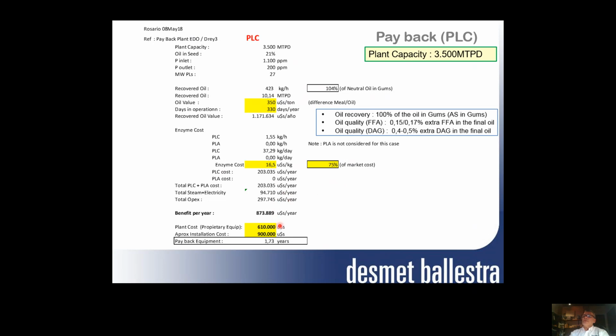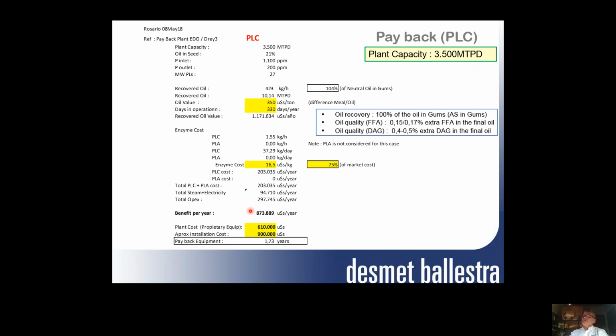When you see the cost, the benefit per year is about $900,000 per year from the oil, but using about half of the real price. Depending on your financial business it could be maybe double this benefit per year, but it's something to discuss in every case.